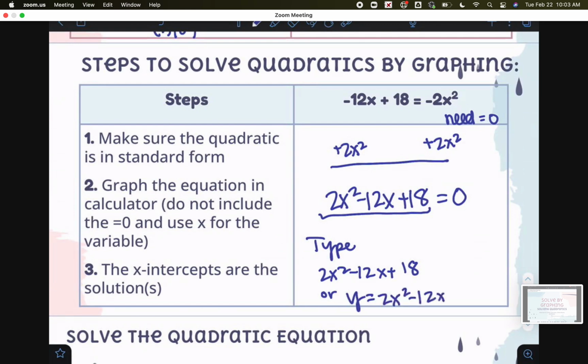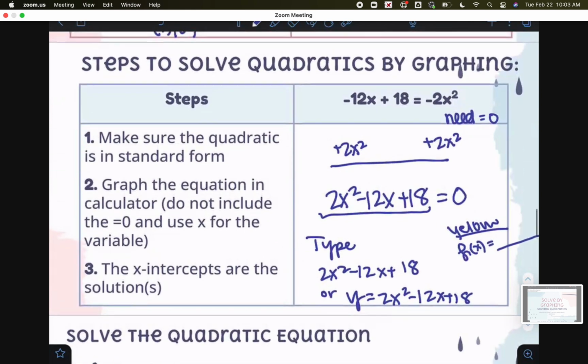You could use f of x instead of y if you wanted to. If you're using your graphing calculator, you should notice that it already has f of x, so you're just going to type in the other side, or the right side in that case, of the function. From there, you would be able to find your zeros.